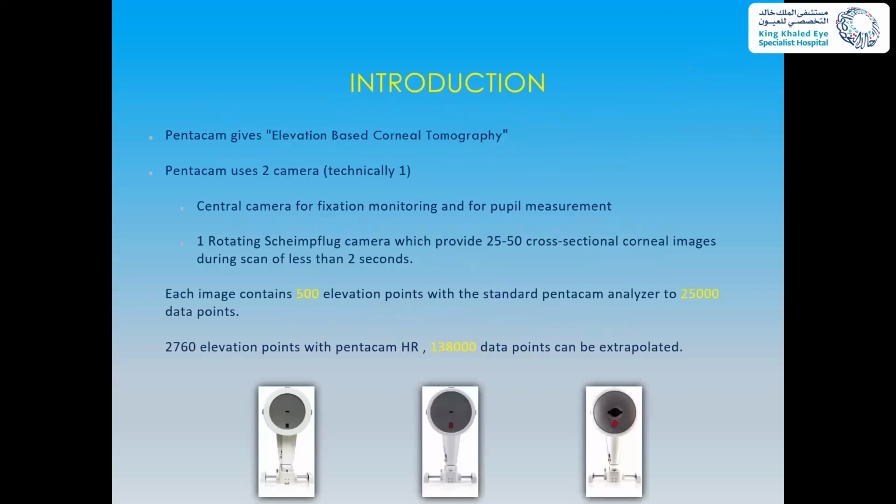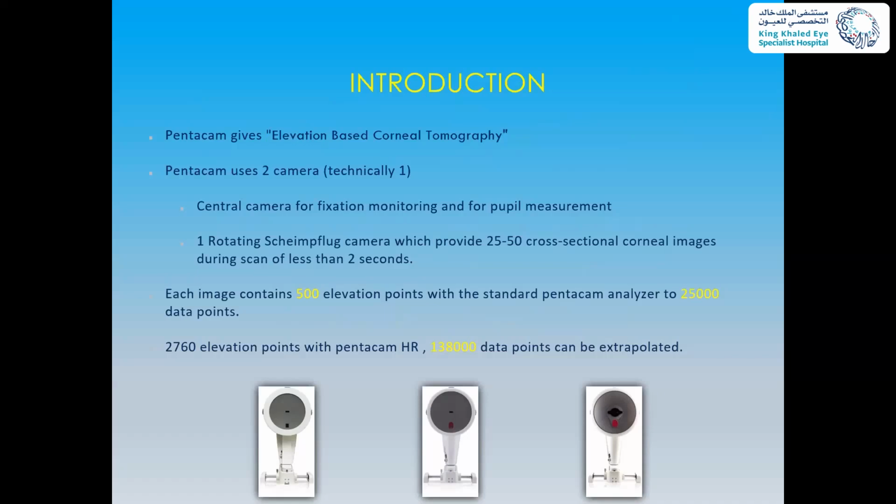So this talk is mainly based on Pentacam, which is a tomography, which is elevation-based corneal mapping, and it uses two cameras. Technically, it uses one camera. One camera is for the fixation, and the other is the Scheimpflug camera, which takes about 25 cross sections of the cornea.